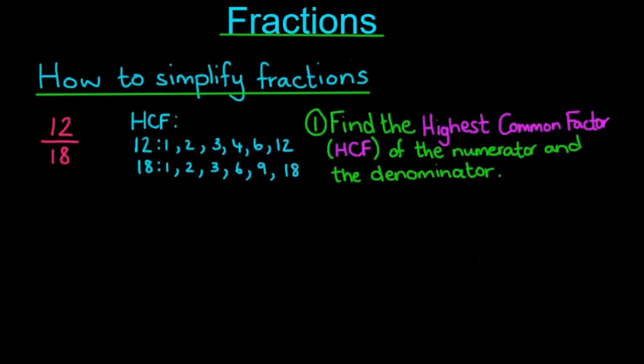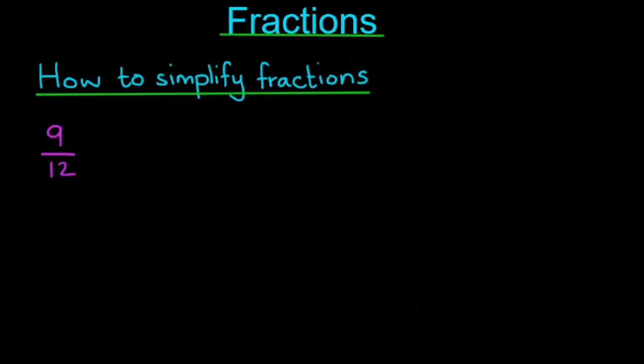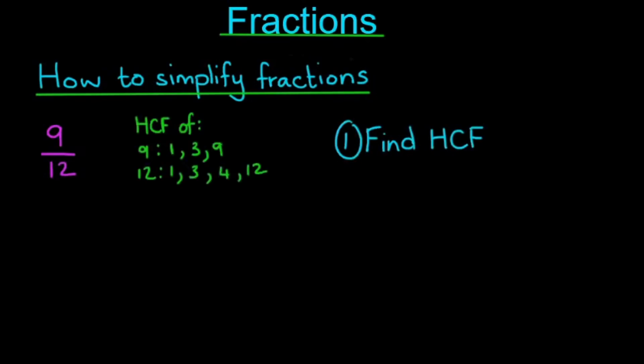I'm going to do one more example. We have 9/12. First things first, we need to find the highest common factor. I've written out its factors. As we can see, the highest common factor between these two is 3.